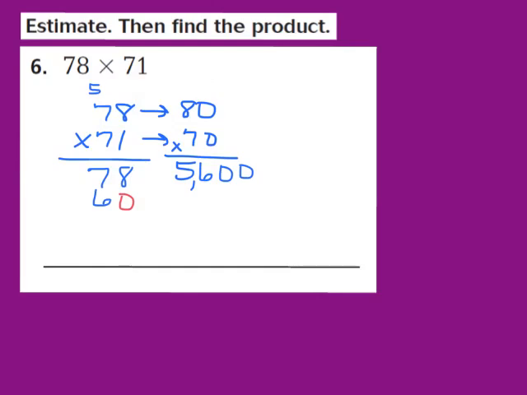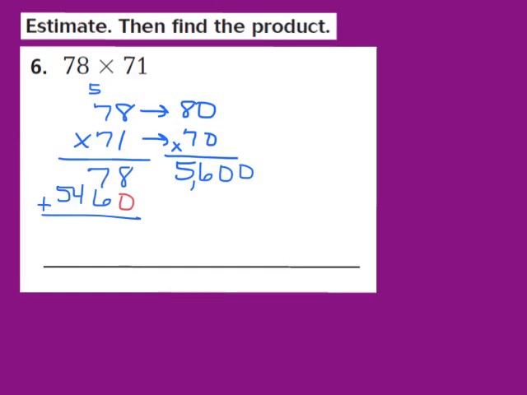Now I think to myself, what's 7 times 7 going to give me? I know that 7 times 7 is going to give me 49, but I can't forget to add the regrouped 5. So 7 times 7 is 49, and 49 plus 5 is going to take me to 54. So I'm going to write down the 54.